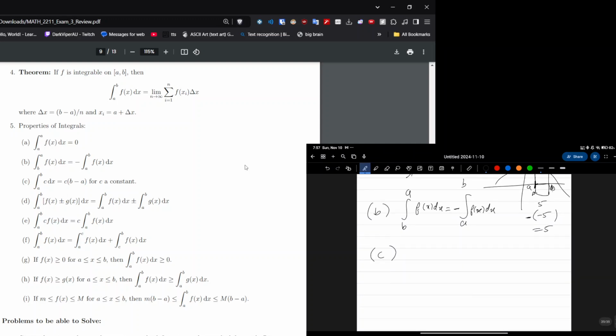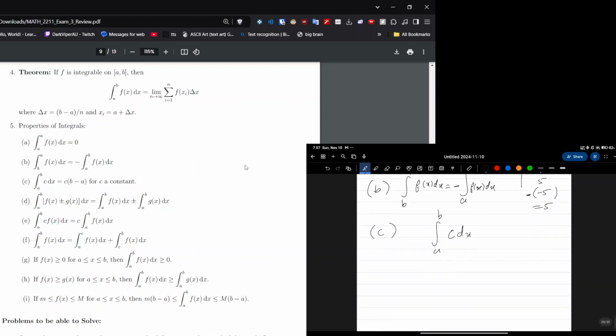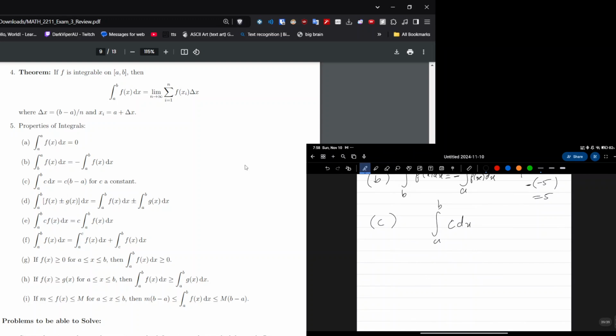See, I can put a constant out of my integral. C times b. Oh yeah, no, the constant doesn't go outside. Basically, if there's only one constant, c, and I'm taking the entire antiderivative of that, let's say we multiply this by x to the power 0.